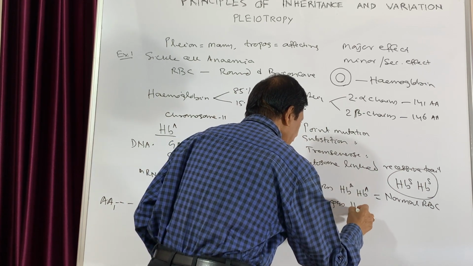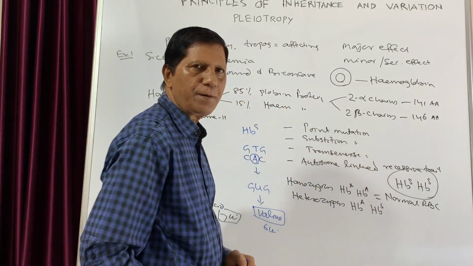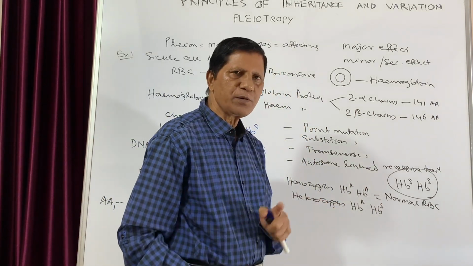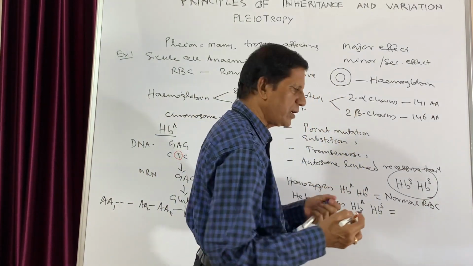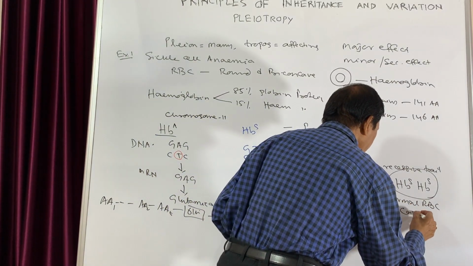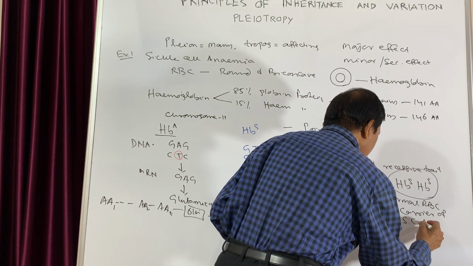In the case of heterozygous, one allele is normal, the other allele is sickle cell. Now this person will not suffer from sickle cell anemia. Simply the person is a carrier of sickle cell anemia.